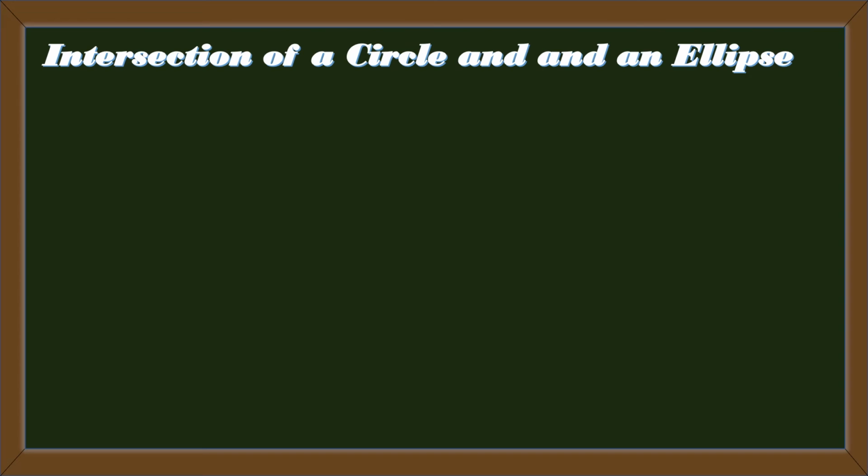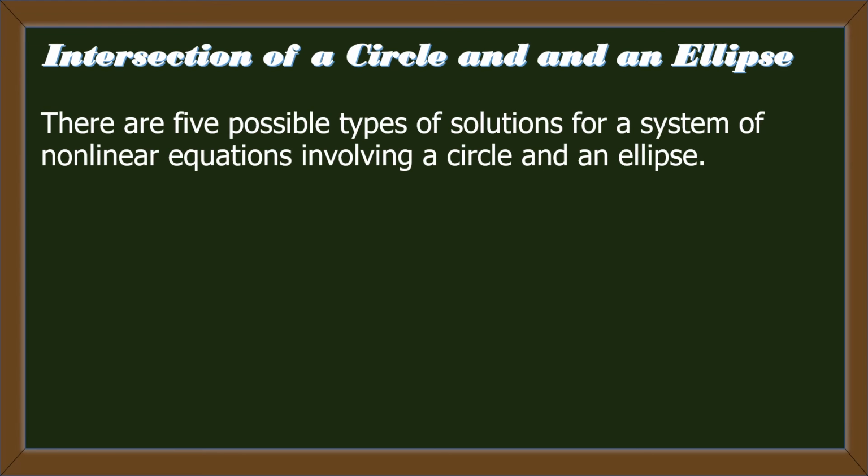Another example of a system of nonlinear equations involves a circle and an ellipse. There are 5 possible types of solutions for a system of nonlinear equations involving a circle and an ellipse.